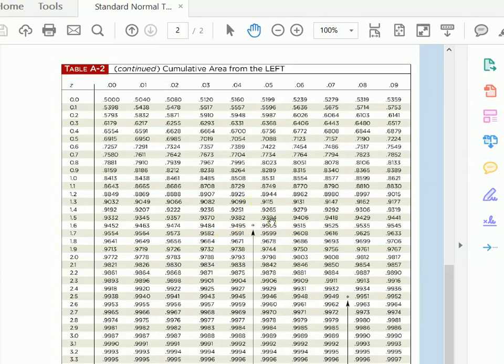Oh, you see it right there, between 0.9495 and 0.9505. Actually, 0.95 is directly between those two numbers. So we'll want to take the z-value that's directly between 1.64 and 1.65, and that would be 1.645.